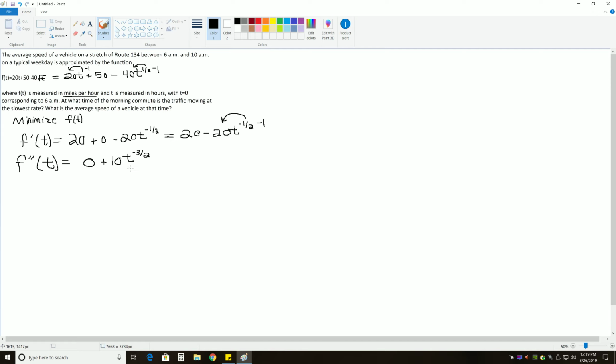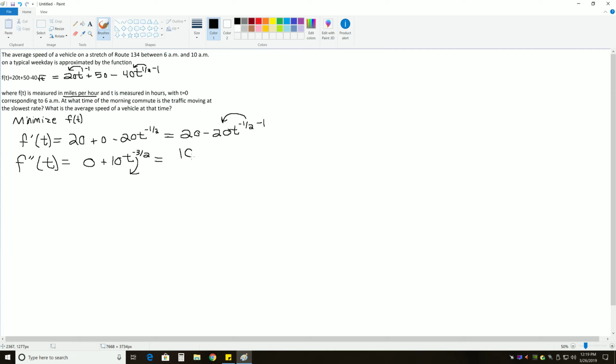And now that we have both of our derivatives, we're just going to completely simplify them before we start using them in our second derivative test. So we have 10t to the negative 3/2 for our second derivative. A negative exponent just means that you move the value to the denominator.